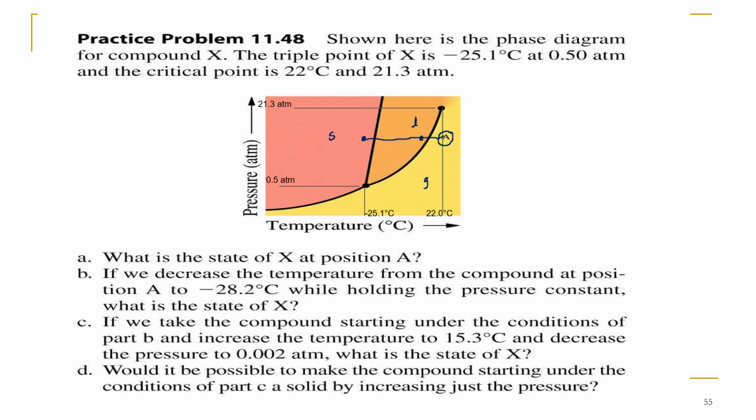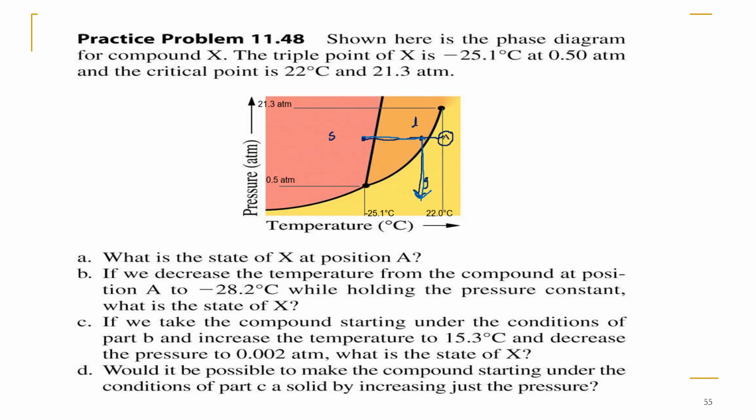And we decrease the pressure, so it's not critical. We decrease the pressure to 0.002 atmosphere, so we're way down here. What phase will we be in? You can clearly see you're in a gas. I should use a different color here. So we increase to 15.3 and then decrease.